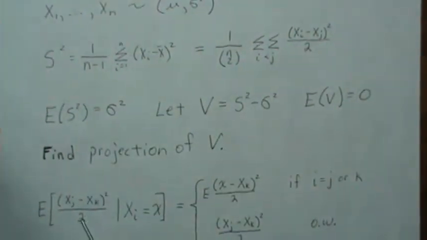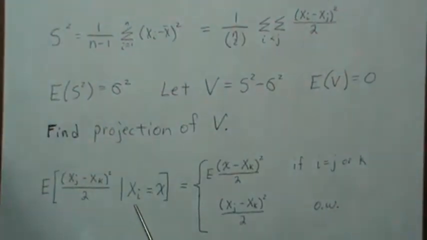So the expected value of this given a particular xi means that if i is equal to j or k, then this is what we get, and otherwise we just get this.